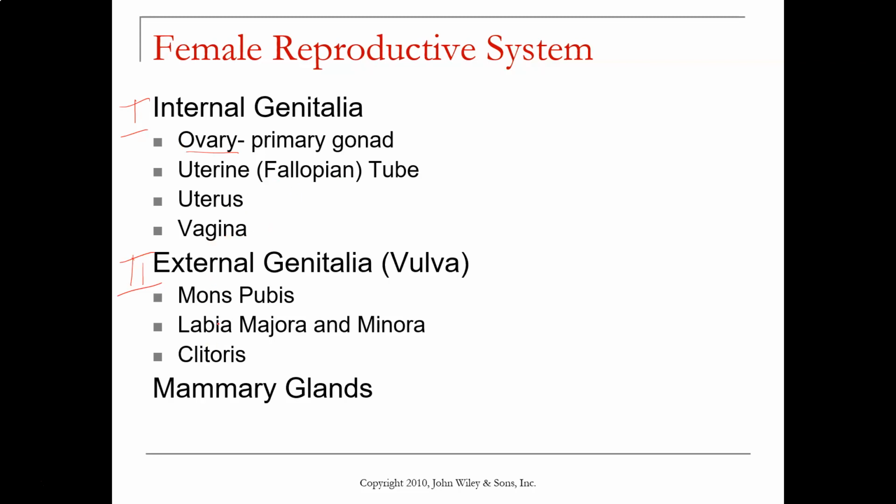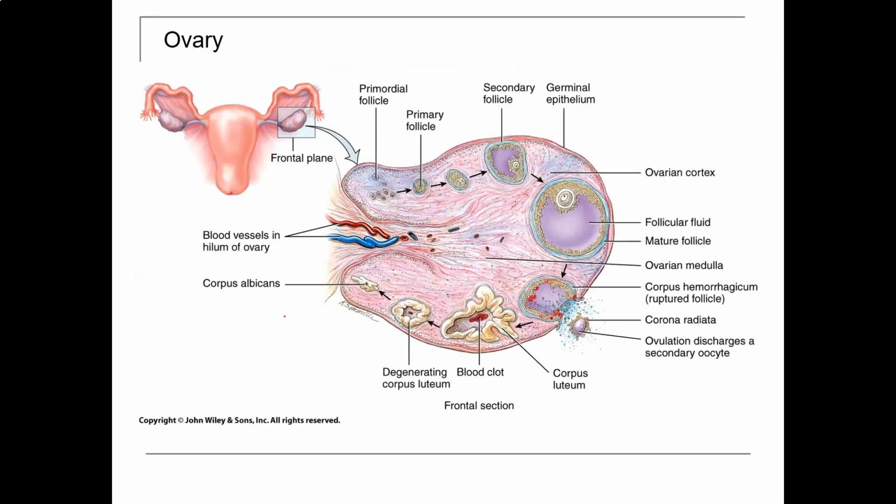Here are the external genitalia that we went over: the mons pubis covering the pubic symphysis, the two folds, major and minor labia, and the clitoris. And then also the mammary glands are considered part of the female reproductive system. They are a type of exocrine gland that produces, of course, milk for nursing purposes.